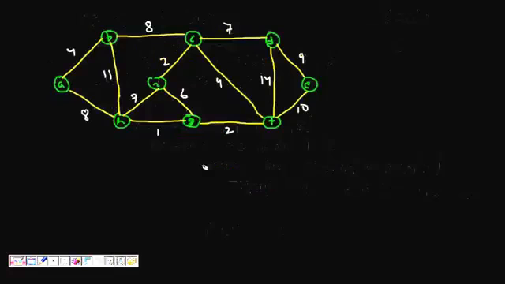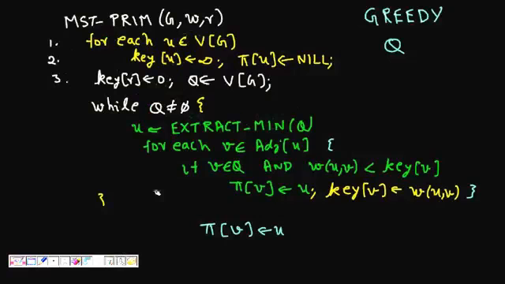Let's look at one concrete example, which will make it clear. I want to find the minimum spanning tree of this graph. What this algorithm says is that first, for each node u which belongs to the vertices of the graph, we make the key of the vertex infinity and its parent null. So let's follow that.